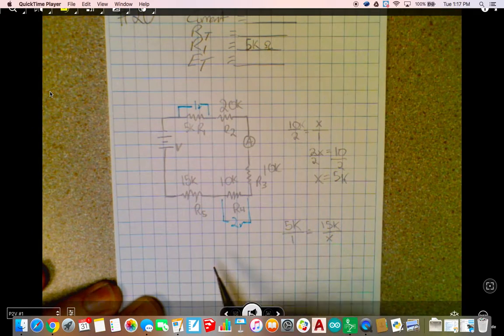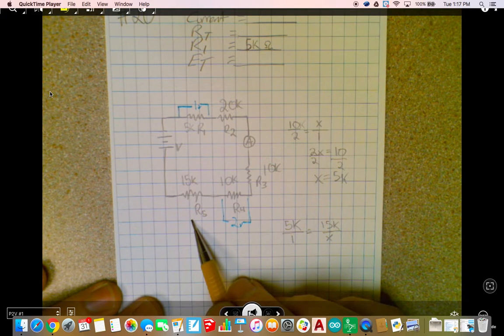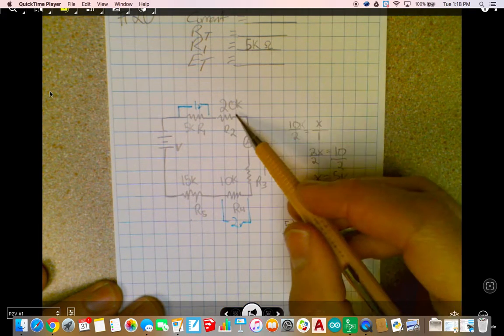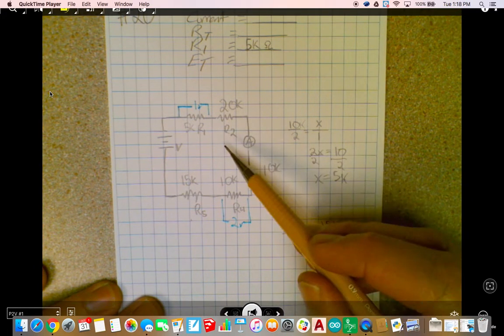If you cross multiply, you should get your voltage for this one, and you should be able to find the voltage for this one using the same cross multiplying. All right.